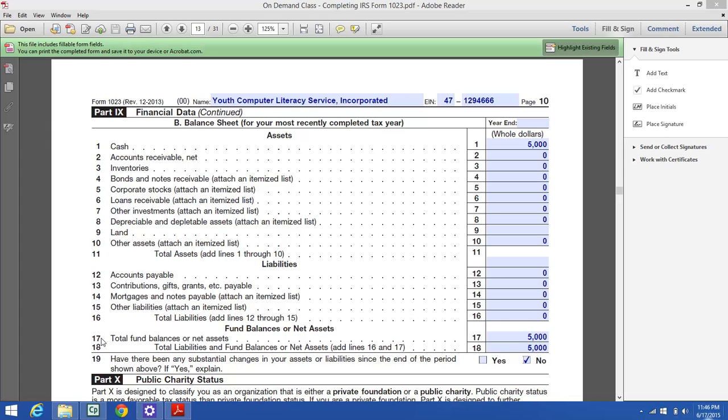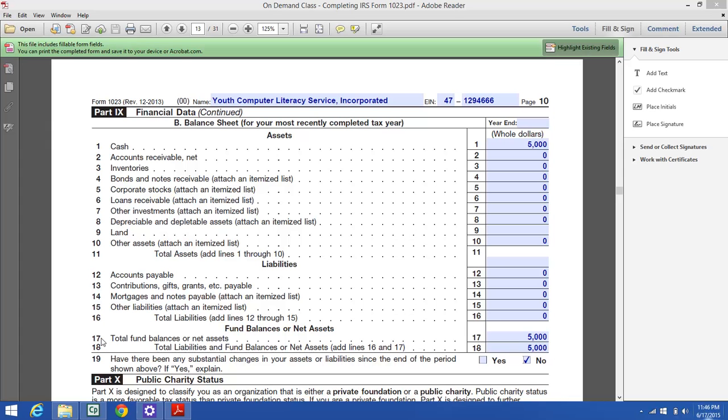So we again are projecting. We may not have anything to put here, but let's project honestly how much assets we may have in our bank account in terms of cash for any given period, let's say for the end of next year. Just again, we're making projections. How much cash do you project?